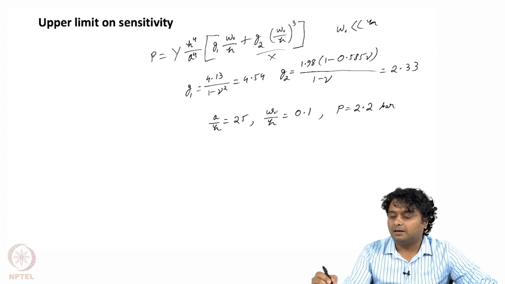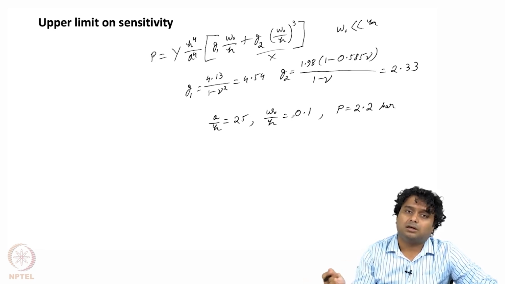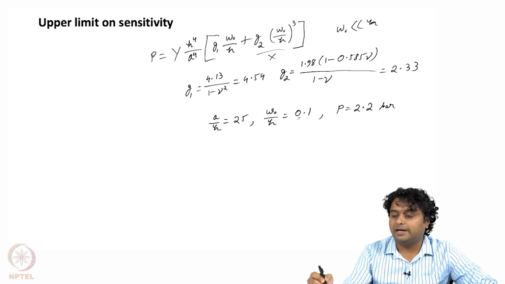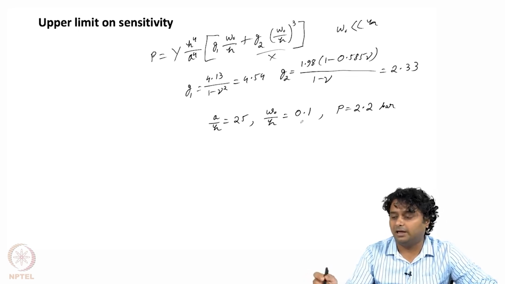Then we have W0 by H equal to 0.1. So in the usual case we will consider that the deflection is maximum 1/10 of the thickness, so W0 by H will be 0.1. That is also a very reasonable assumption, right? In that case W0 by H cube will become 0.001, so that we can anyway neglect.